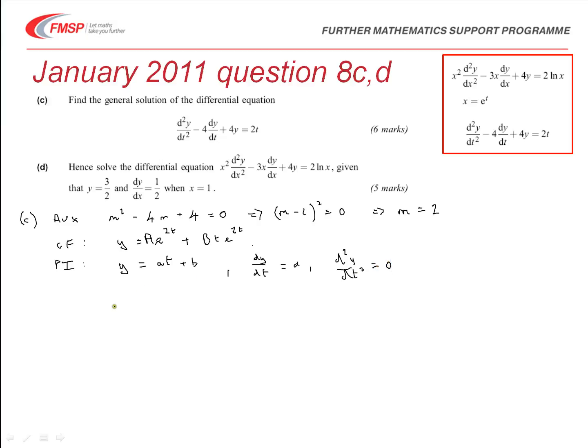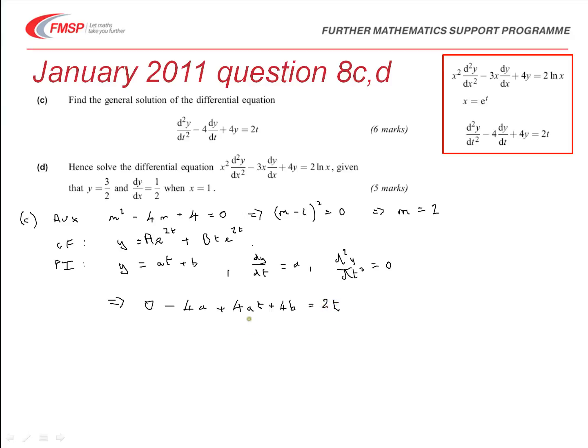So if we now substitute that into our differential equation, we get 0 minus 4 times dy by dt, which is a, plus 4 lots of y, which is 4 lots of at plus 4b, and that has to equal 2t.